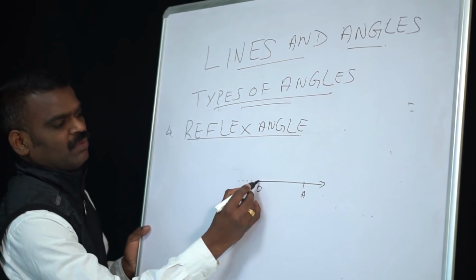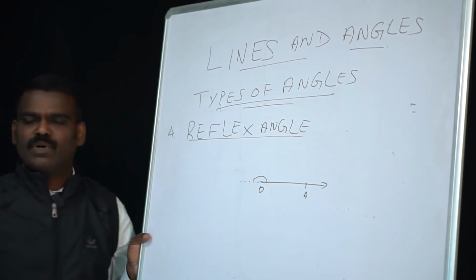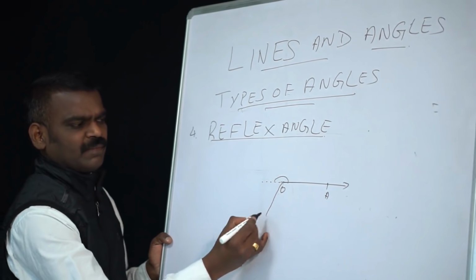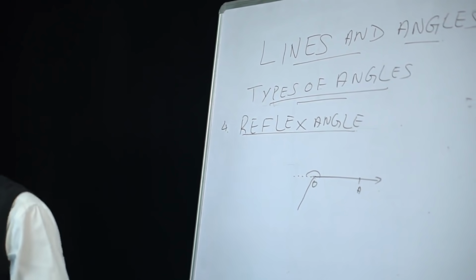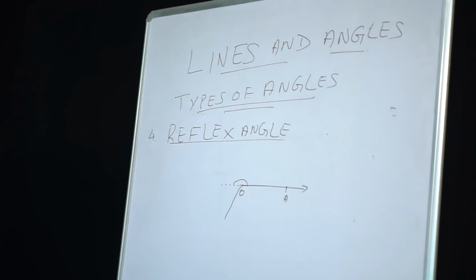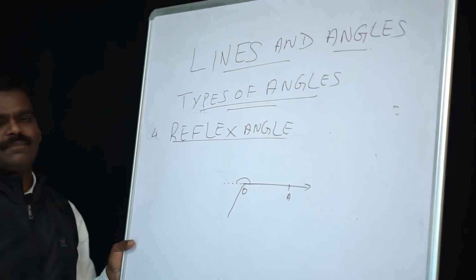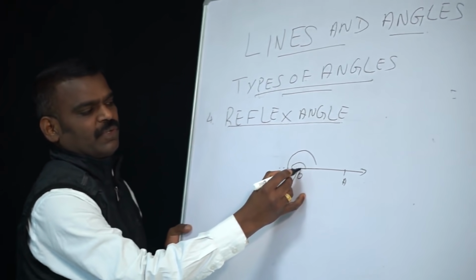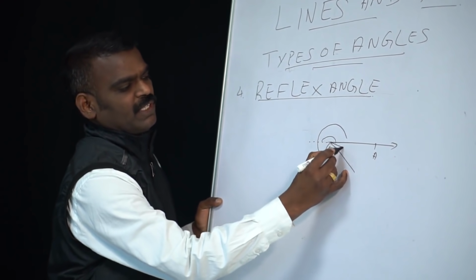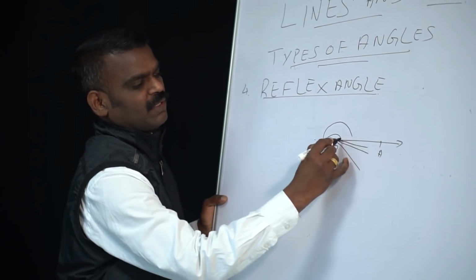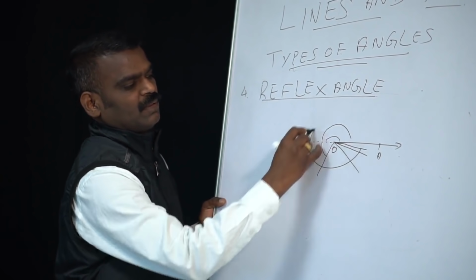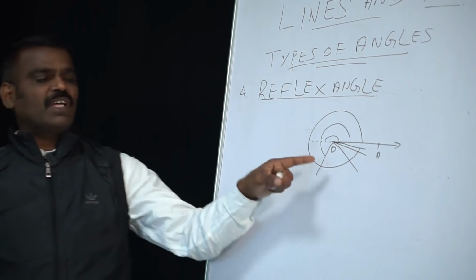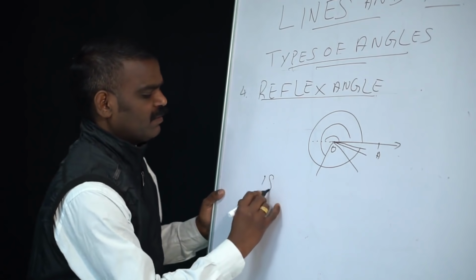When it goes a little more, how many degree? 180 degree, straight angle. Now, if we go beyond 180 degree, means more than 180 degree, then it becomes like this, right? You can go this much, even you can reach this much, even this much also, but you cannot reach this line.